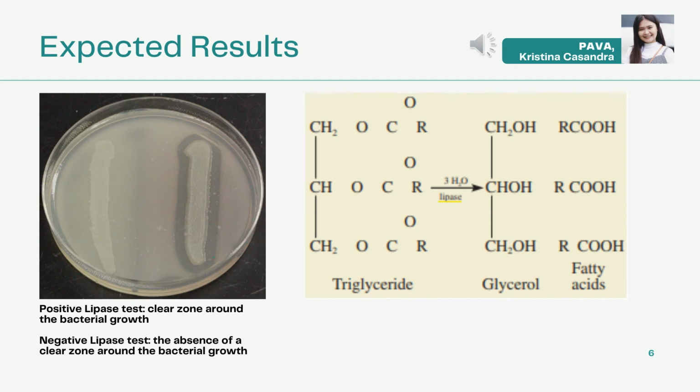This constituent of the testing media is too large to enter the cell, so a lipase is released to break it down prior to cellular uptake. After hydrolysis, the glycerol can be converted to dihydroxyacetone phosphate, an intermediate of glycolysis.